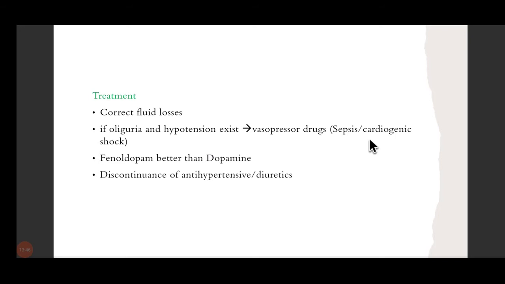So you have to think again that what you're treating here is actually a sepsis or cardiogenic shock rather than a hypovolemic hypotensive patient.